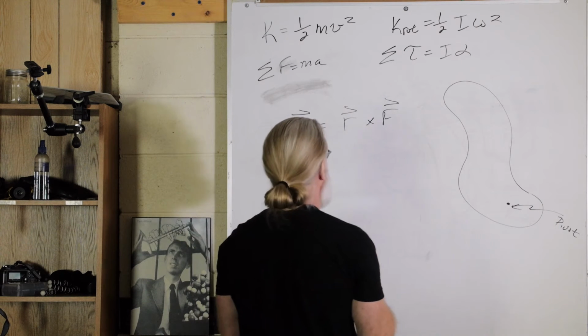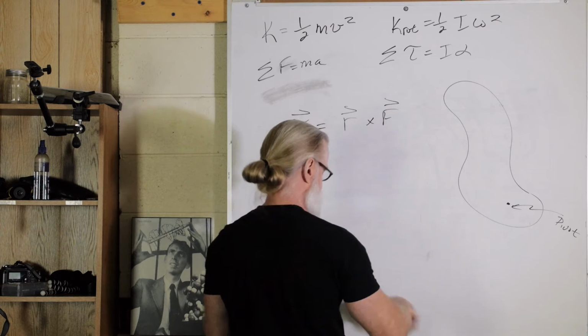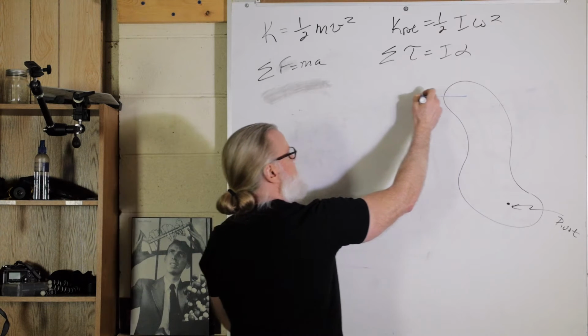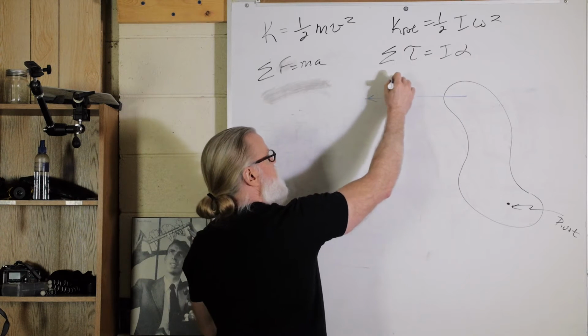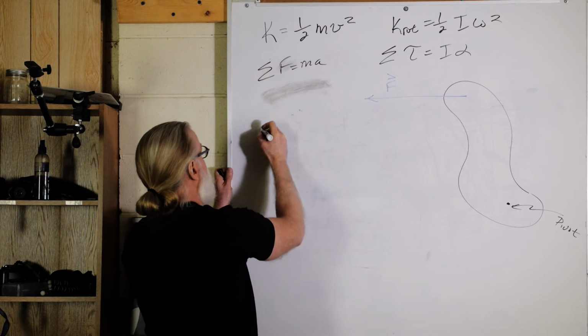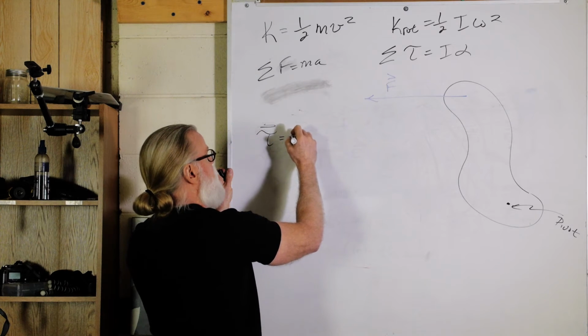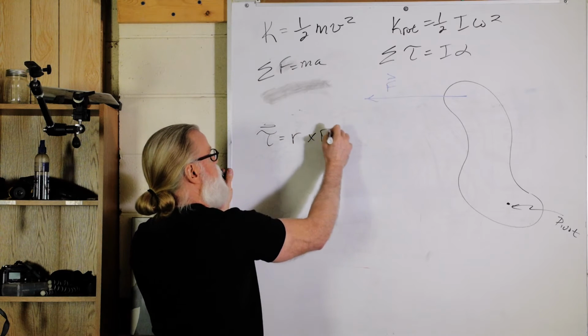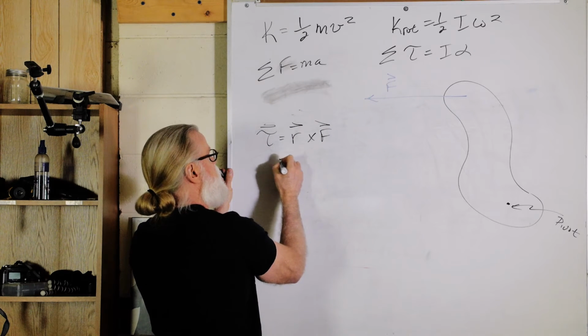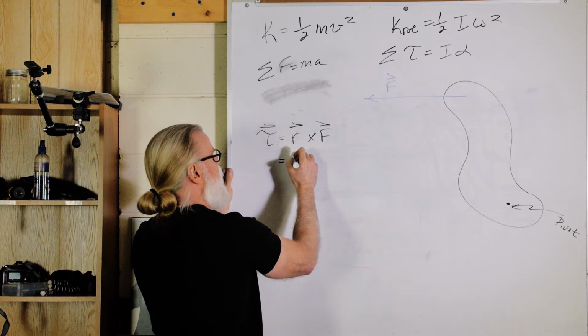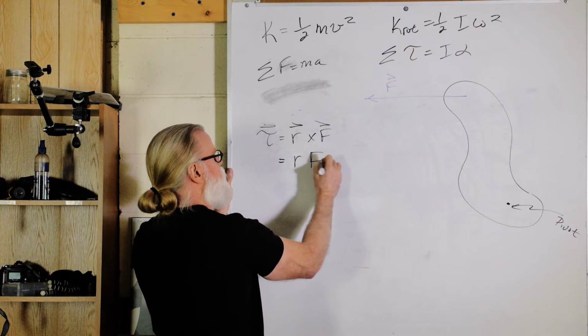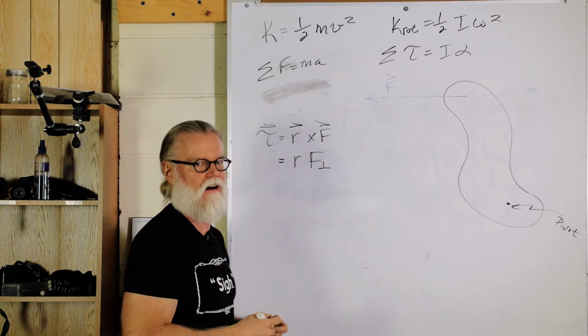So what I'm going to do is I'm going to apply a force, a blue force like this. Torque is going to be R cross F, which is going to be the R times the perpendicular component of F.